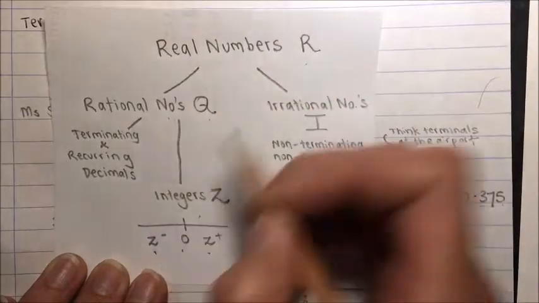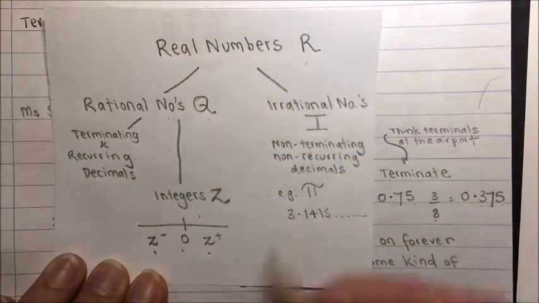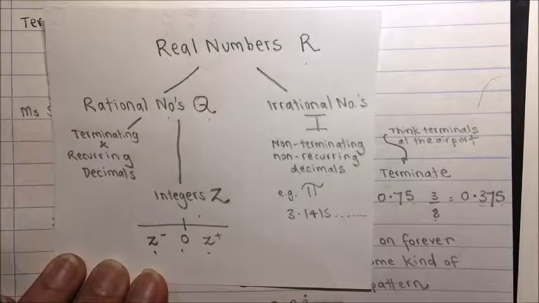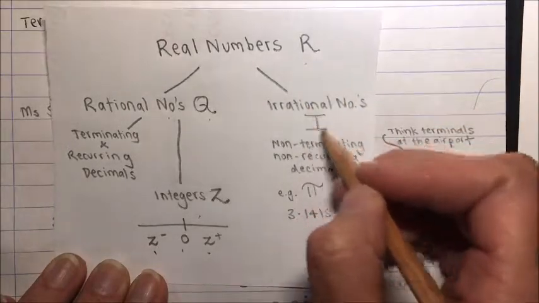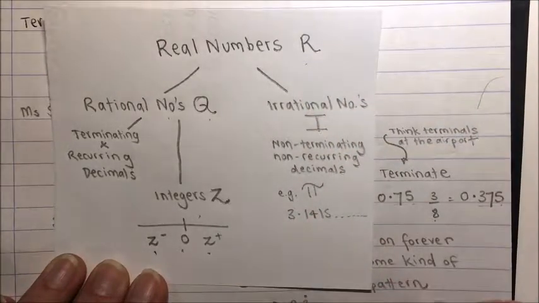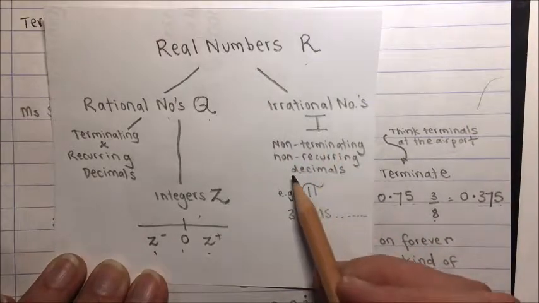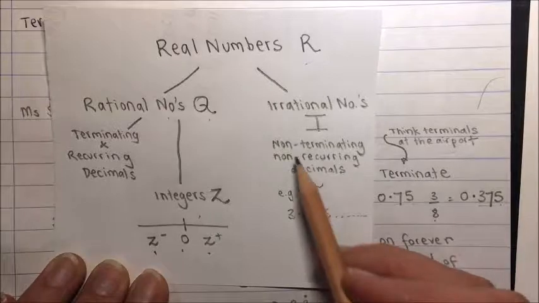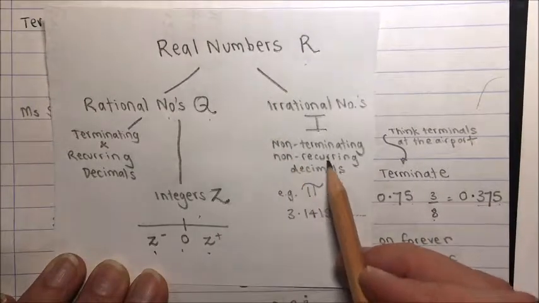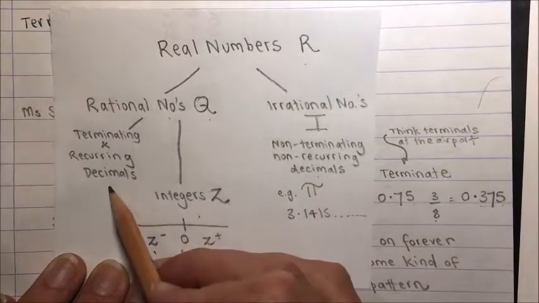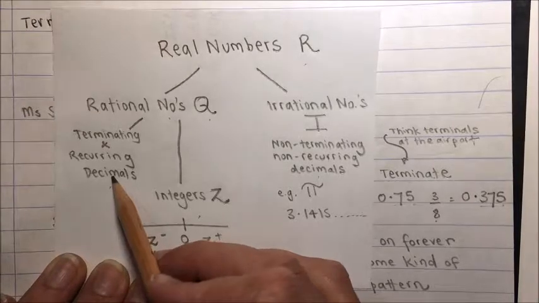So that's most real numbers, but there are irrational numbers represented with the letter I. So all irrational numbers are represented as set I. And irrational numbers, even though there's more of them than these, one major form of irrational number is non-terminating and non-recurring decimals. So basically, these might go on indefinitely, but they do so in a pattern.